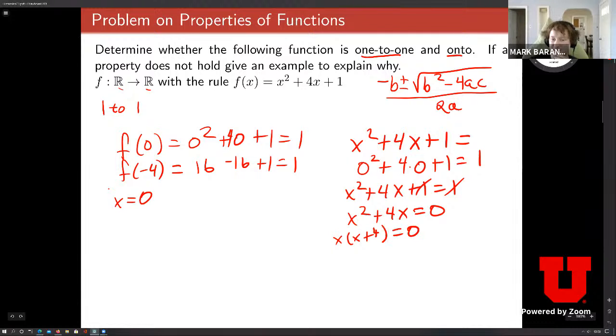So our two choices here: x equals 0 is a root of this expression here, and x equals minus 4 is also a root from this one right here. Yep, and you can use the quadratic formula, and that's why I have it written. But if you can factor it, that's also fine. We'll do the quadratic formula for the onto.